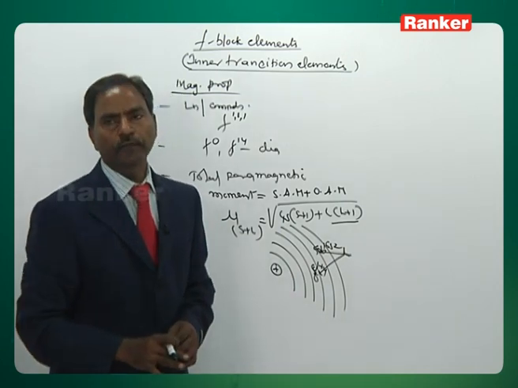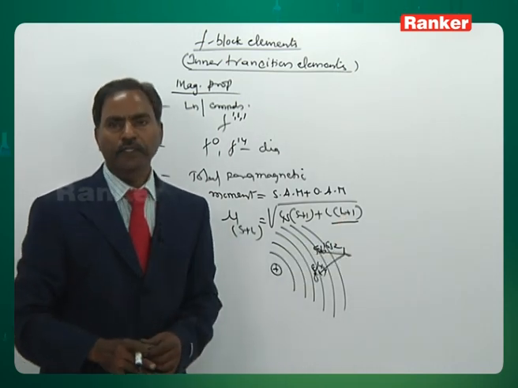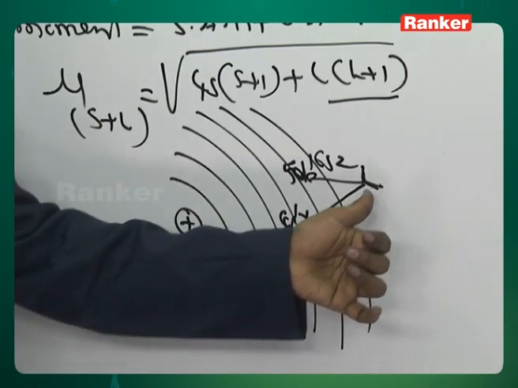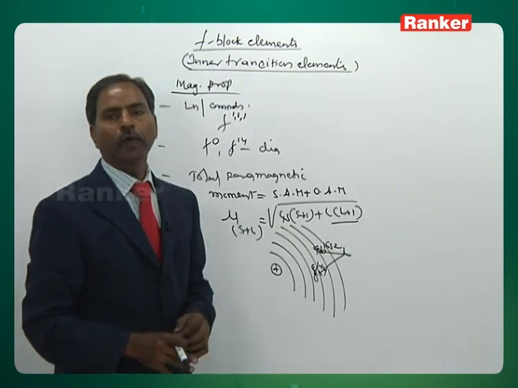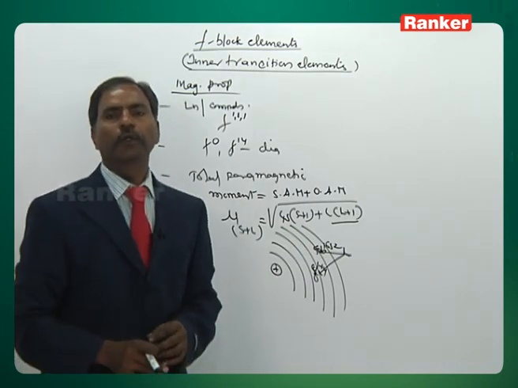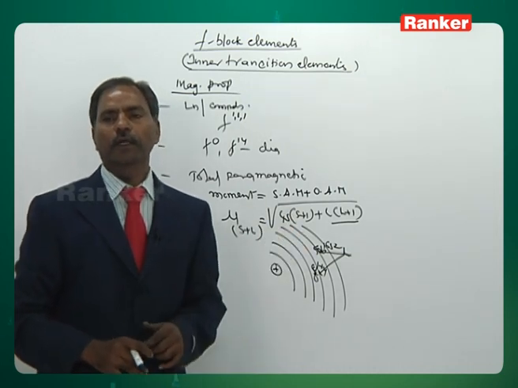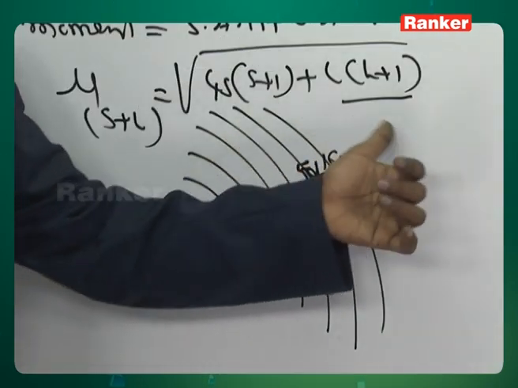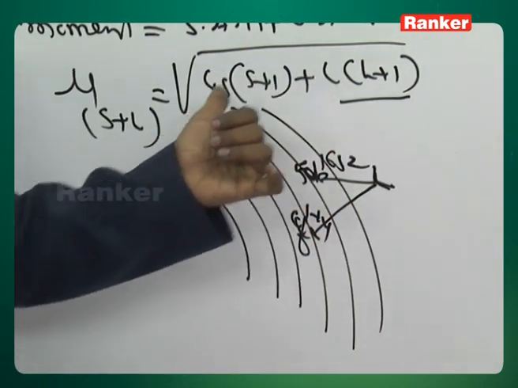But in the case of lanthanides or f block elements, the orbital angular moment is not quenched by the ligand fields because f orbitals are deeply seated, not affected by the ligand fields. Therefore, the total equation you have to apply to calculate the total paramagnetic moment of lanthanides or f block elements.